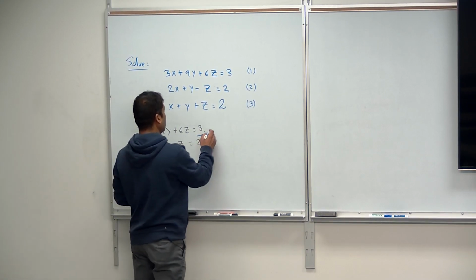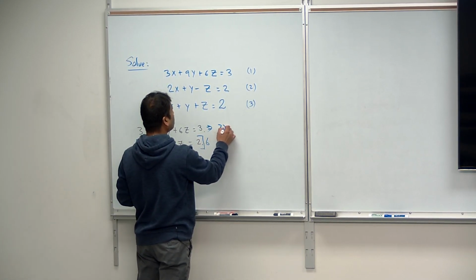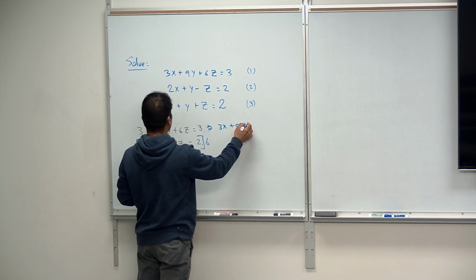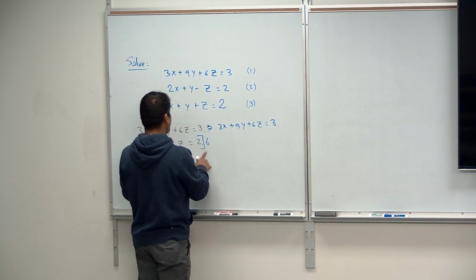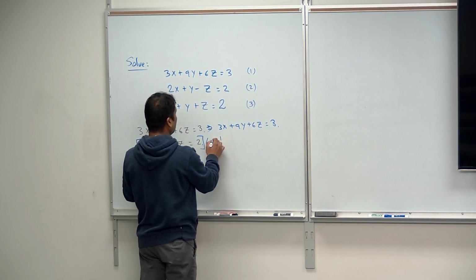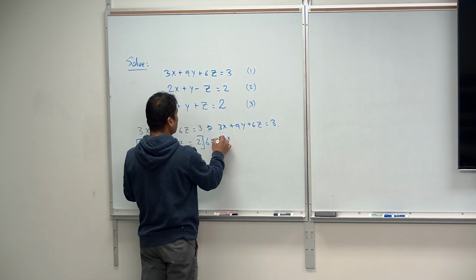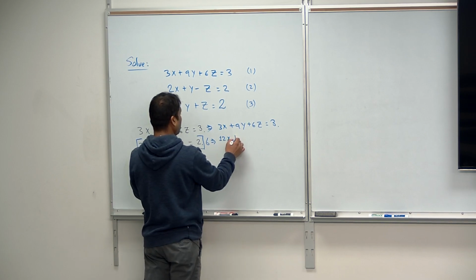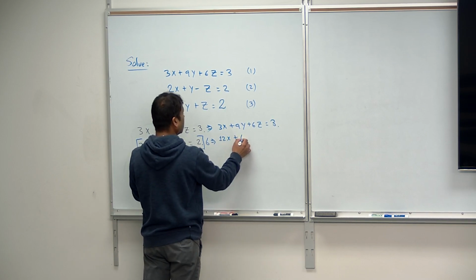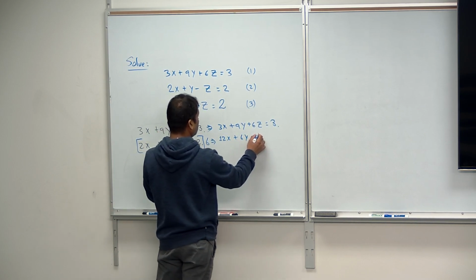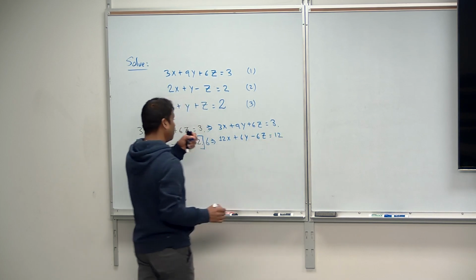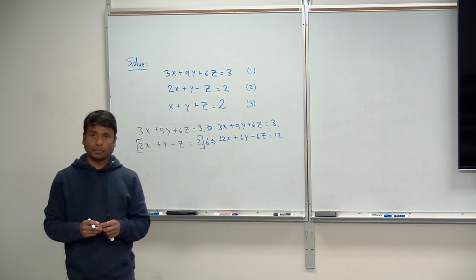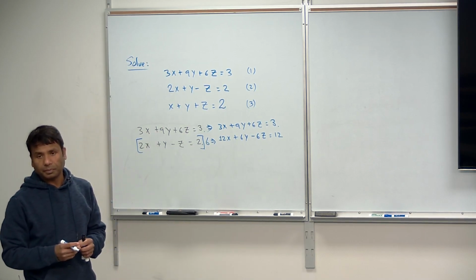So you see you have 3x plus 9y plus 6z equal to 3, and you have 6 times 2 is 12x plus 6 times y is 6y minus 6z equal to 6 times 2 is what? 12. Right?